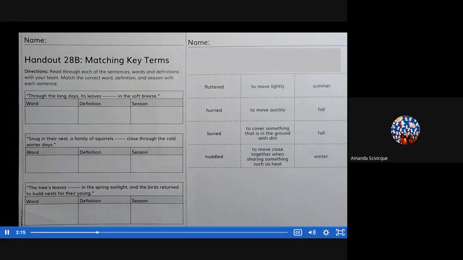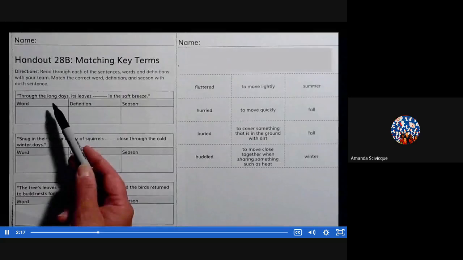Let's try one together. First, I'm going to read the sentence, and then I'm going to locate the word, the definition, and the season. The definition will help me decide which word belongs with the sentence. Here we go. Through the long days, its leaves blank in the soft breeze.